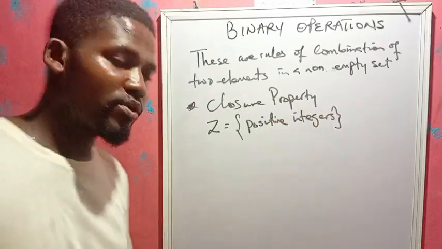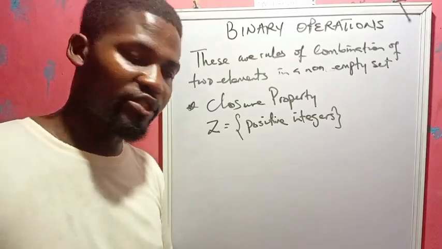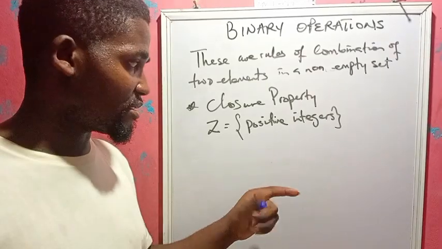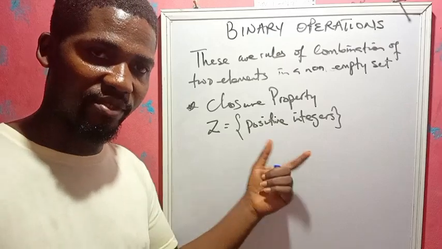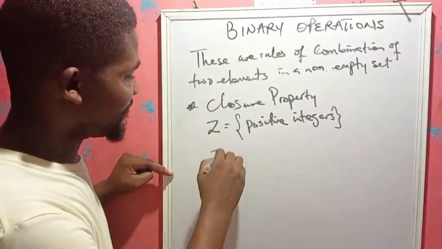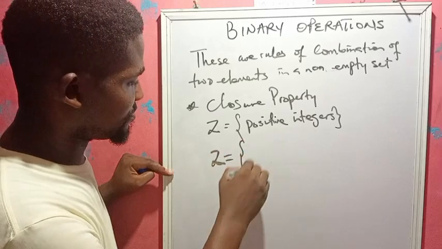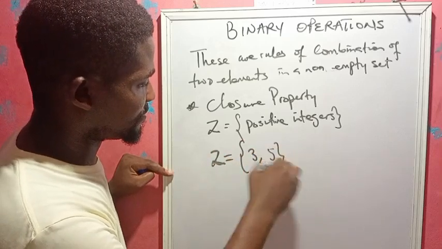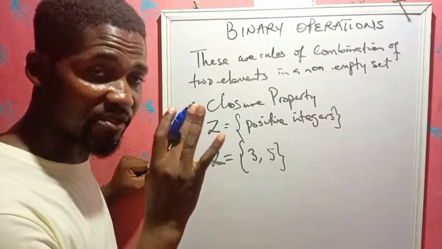Now we want to look at the operations that ensure Z is a closed set, that is, the values lie within the range of positive integers. Now if we have Z as 3, 5, for instance.